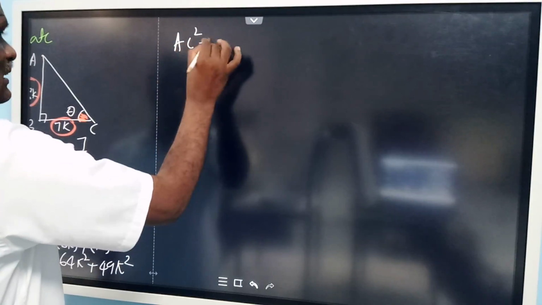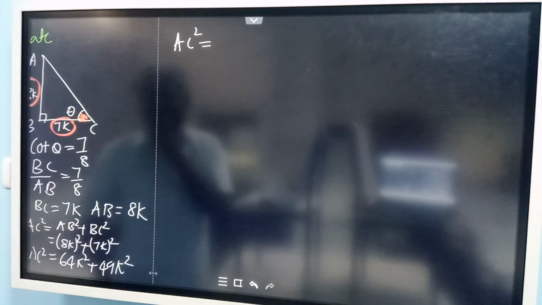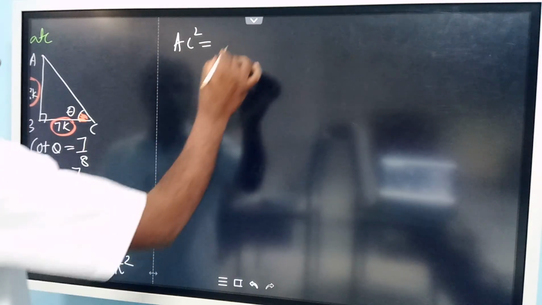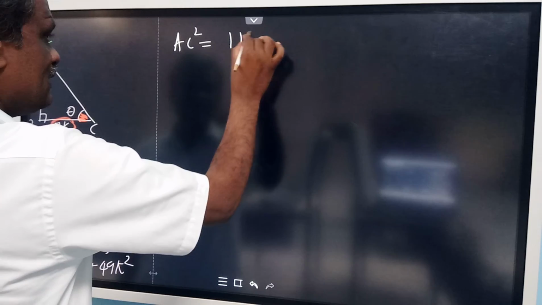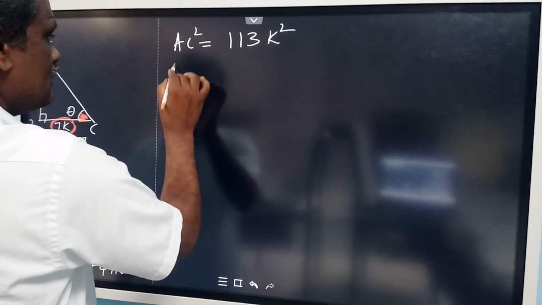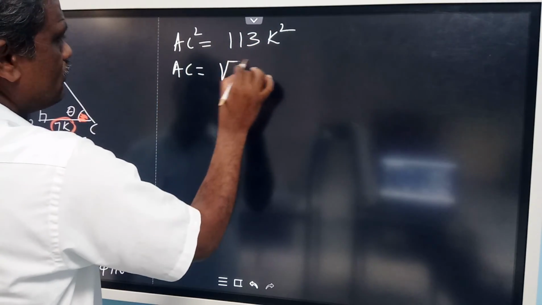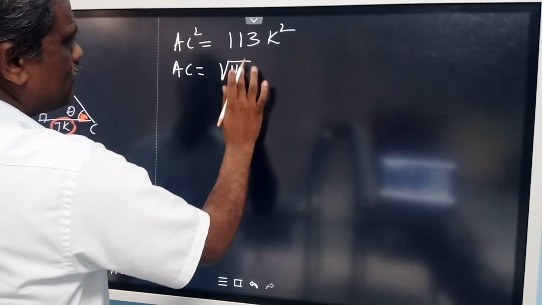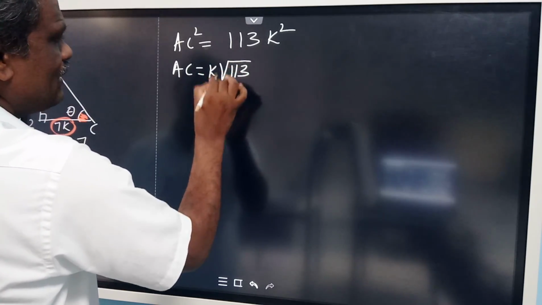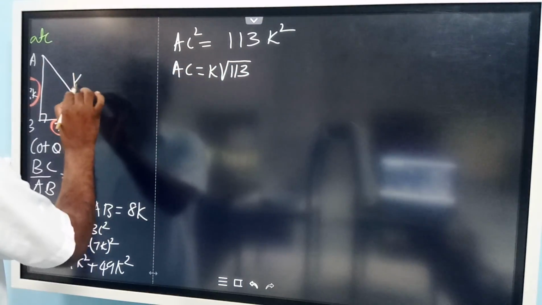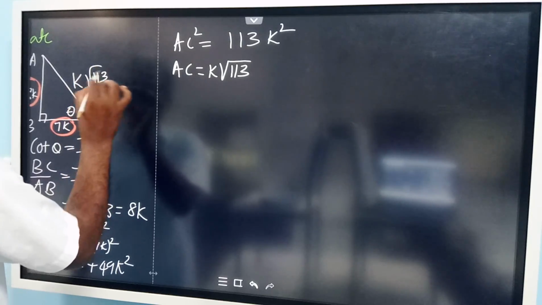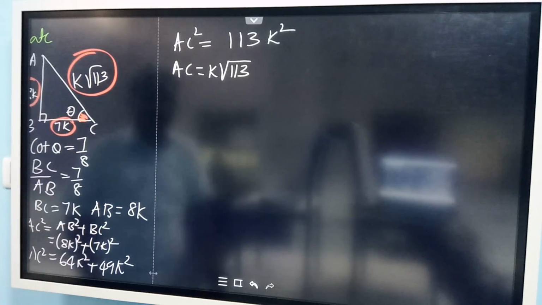So you will get AC square is equal to 64 plus 49, which is 113K square. So AC is equal to root 113, and the K will come outside. So this is K root 113. This is the value of the hypotenuse now.